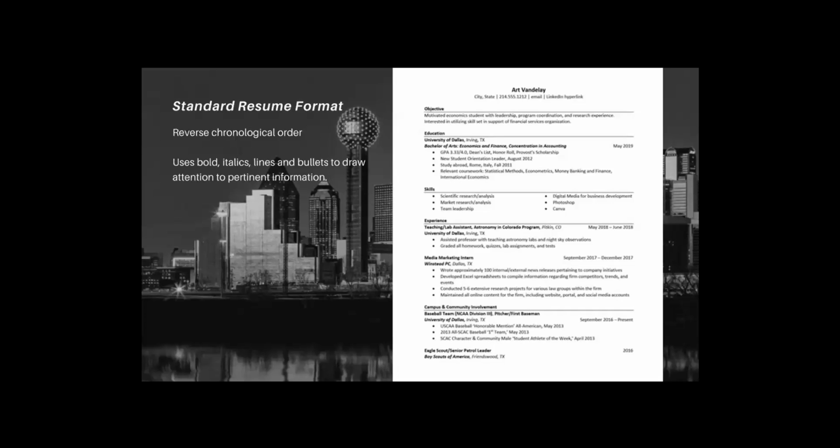We do all these things to create consistency and to highlight the things we want to highlight. Obviously the name is in bold, the sections are in bold, and the university is in bold. You don't over bold, because if you do, nothing looks important.